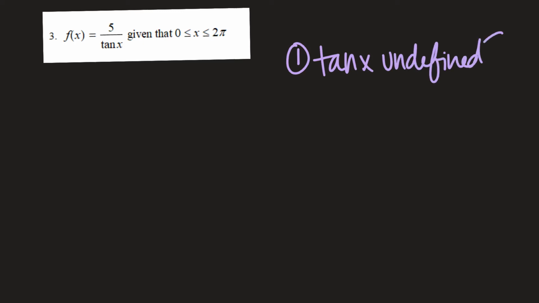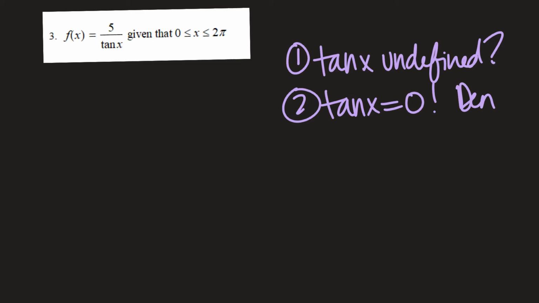Okay, tangent. There are two things to consider with tangent. First, where tangent is undefined itself, and then we also have to consider where tangent is equal to 0 because it's in the denominator. So for number 1, tangent is undefined.